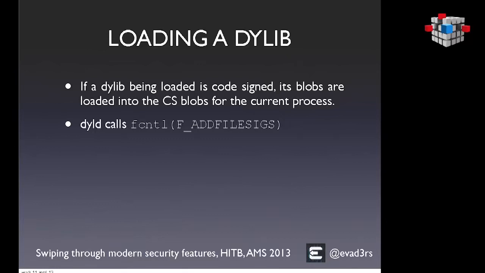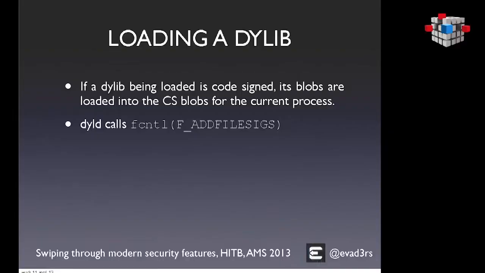Then the other path, how loading a dylib is done. Basically, the blobs of the dylib need to be uploaded, uploaded is not the right word, but you get the idea, to the kernel somehow. So dyld, the library loader, will call a syscall to add these blobs to the kernel.